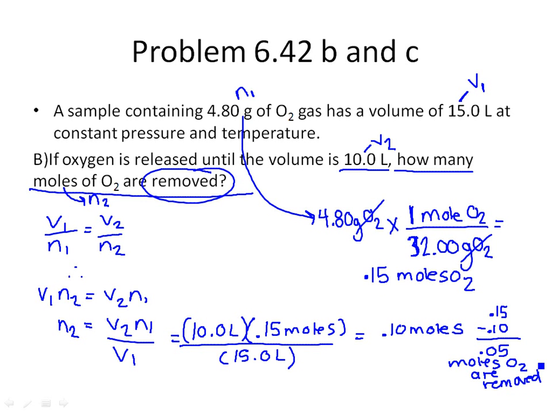I think the most common mistake is just to stop at finding N2. I don't know that your book really goes much further than that, but the key here is that it's asking how many were removed. You started with 0.15 moles and ended with 0.10 moles after the oxygen's been released, so 0.05 moles were removed.